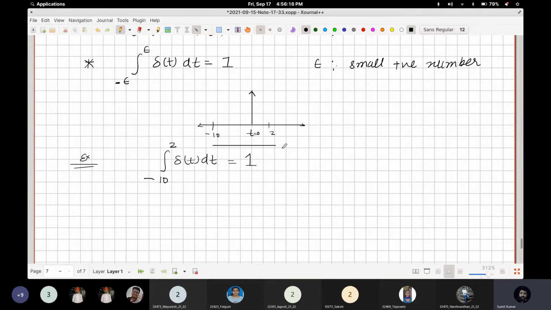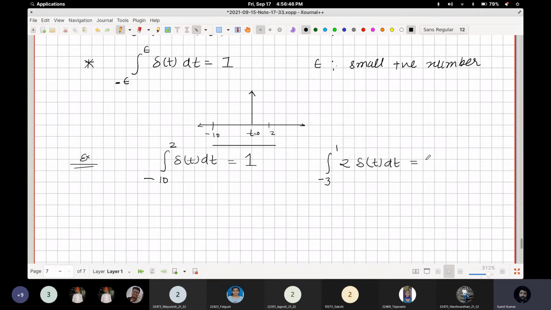Right. Let me ask you another question along similar lines. If you are integrating from, let's say, minus 3 to 1, and you are doing 2 times delta t dt, what is this value going to be? 0? So 2. Why 0? No, sir, 2.